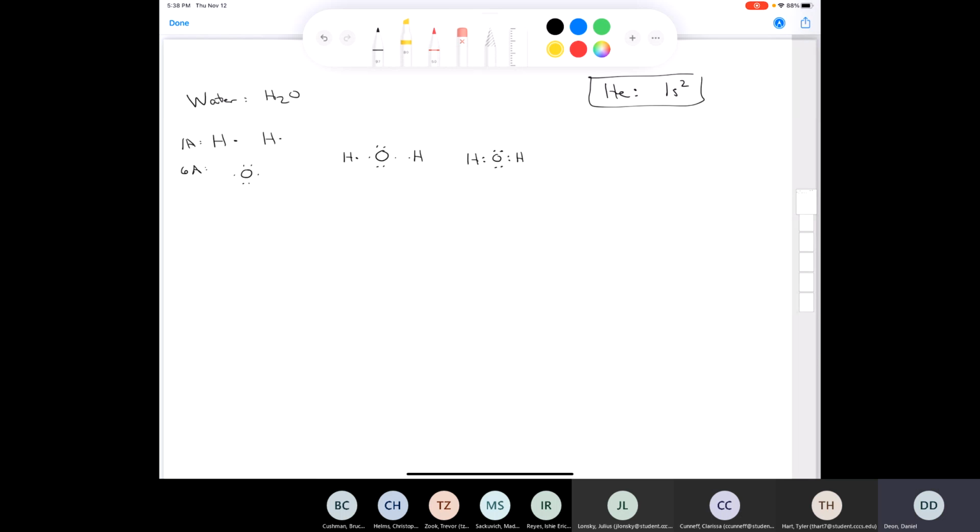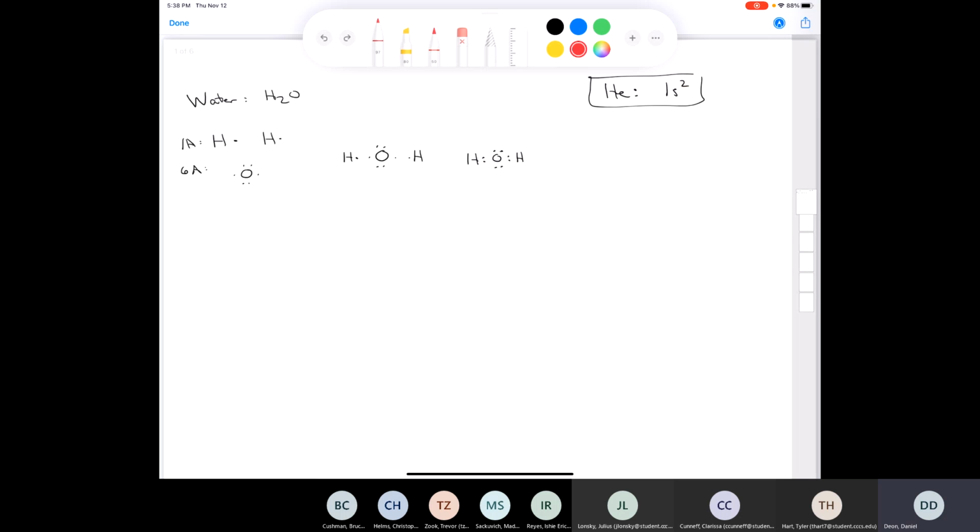We see that the oxygen is surrounded by 1, 2, 3, 4, 5, 6, 7, 8 electrons. Now it's as if it's isoelectronic with neon. It's got 8 valence electrons. What about hydrogen? Hydrogen is only surrounded by these 2 electrons. The other hydrogen is surrounded by those 2 electrons. Remember, hydrogen only needs 2 electrons to be isoelectronic with a noble gas.